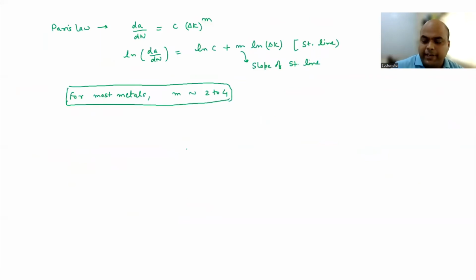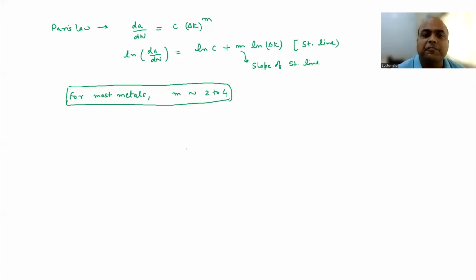Okay. Later on, many researchers actually mentioned that it not only depends upon delta K. So if you see Paris law, we are saying that dA by dN, the crack growth rate, depends upon delta K, right? But later on, it was found that it doesn't only depend upon delta K, it depends upon R ratio also, the history of loading, right? Loading history might change. So if it is not constant amplitude testing, it's variable loading.